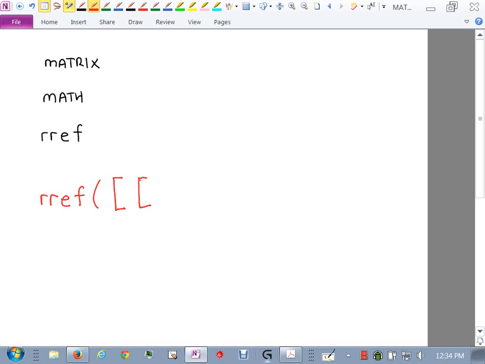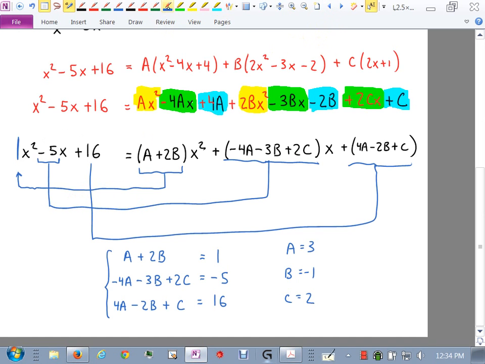And now you start typing in the numbers of the first row of this system of equations. So what are the numbers in our first row? The numbers are the things out in front of the letters A, B, and C. So what are our numbers in front of A, B, and C in our first row? 1, 2, 0, 1.